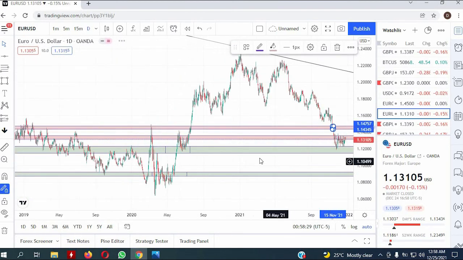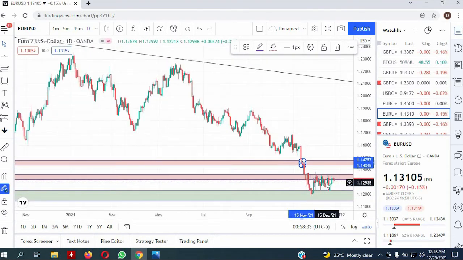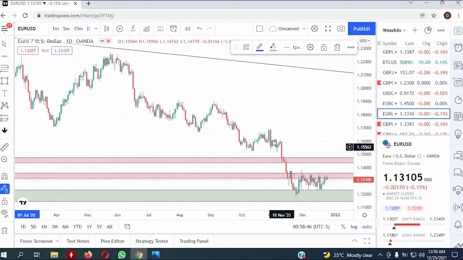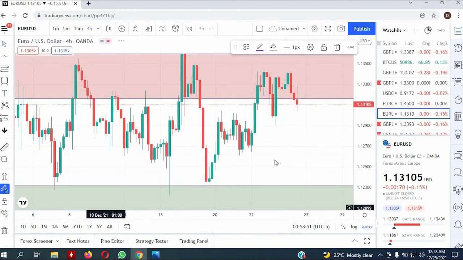Now if the EUR USD breaks below this range, the EUR USD should push all the way down into this area 1.09219 to 1.08690. Now let's move over to our 4-hour time frame.